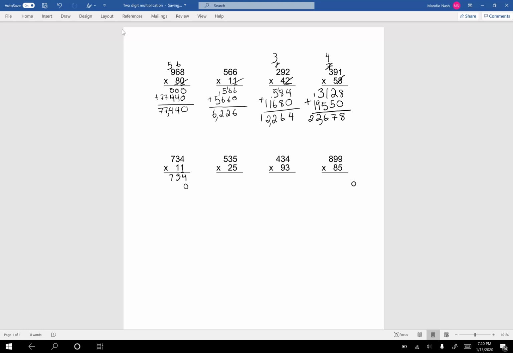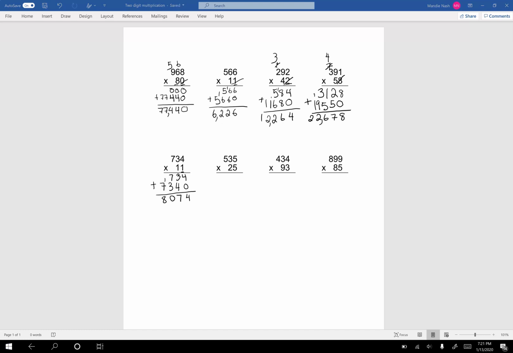Now I place the 0 as a placeholder and I do it again. I know that I'm going to get my 734. I add these together and I get 4, 7, 10, carry the 1, and I get 8.